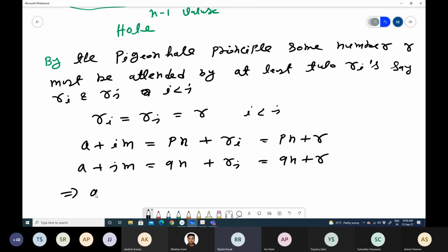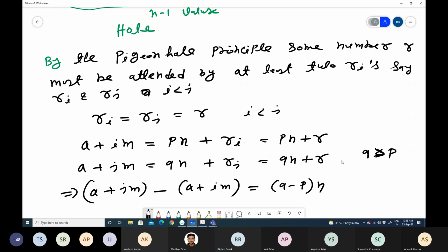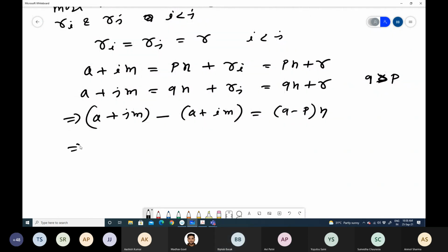So a plus jm minus a plus im, that will be cancelled out, gives q minus p times n. Sir, it should be a plus i minus 1 times m. Yes, sir, i minus 1. It does not make much difference in the proof, but logically, because we are taking i from 1 to n, it should be i minus 1. Right, good.